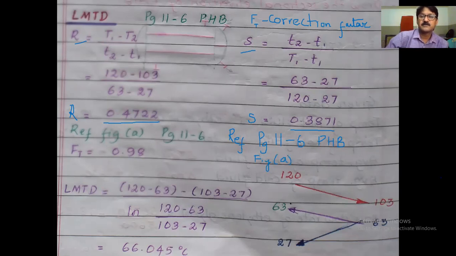It is there in your handbook. So please all of you write. Then I'll share that Perry handbook. If you finished, you tell me. So write down, refer page number 11.6 Perry handbook, figure A. Okay, I'll share that one.